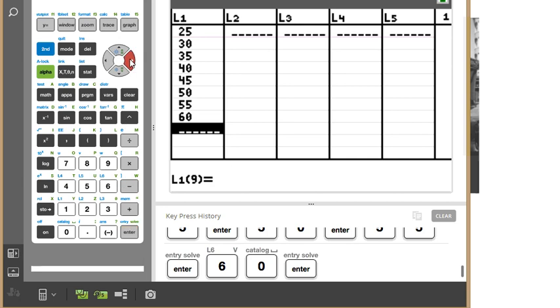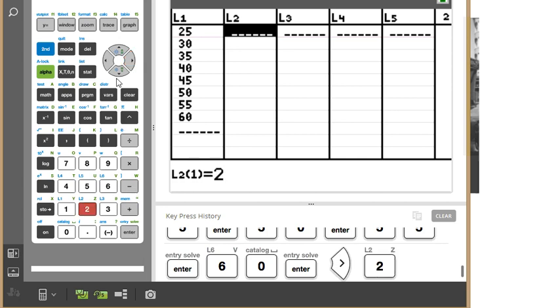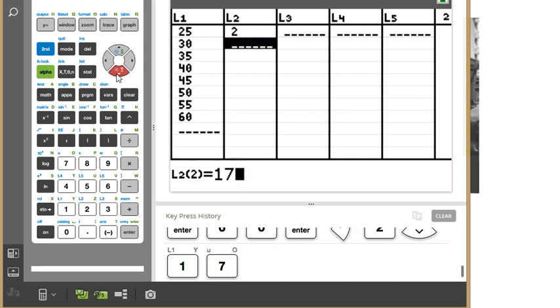So here we have our list on the left, and on the right we have 2, 17. You can see that we're making more profit based on these increasing ticket prices.